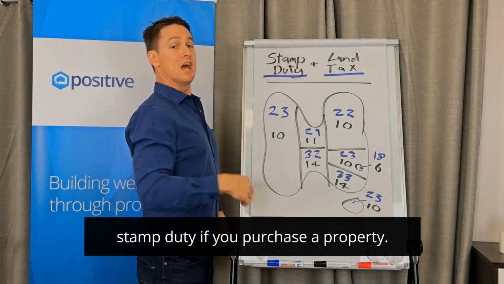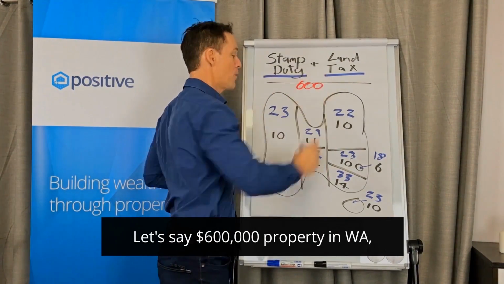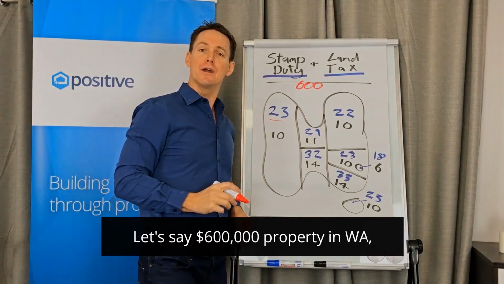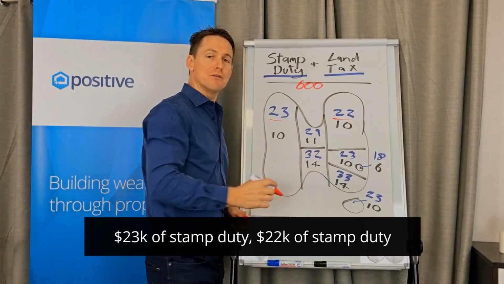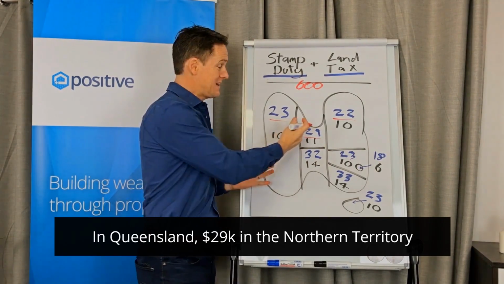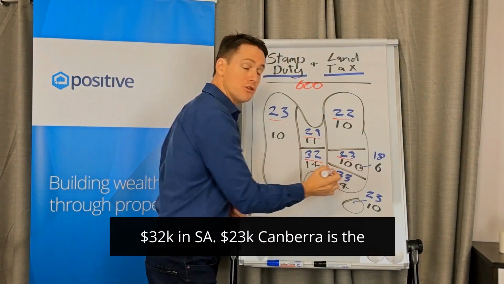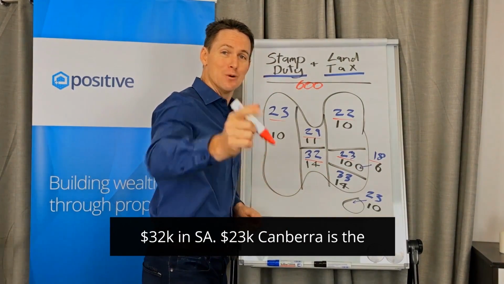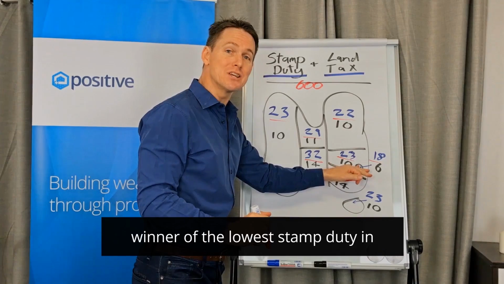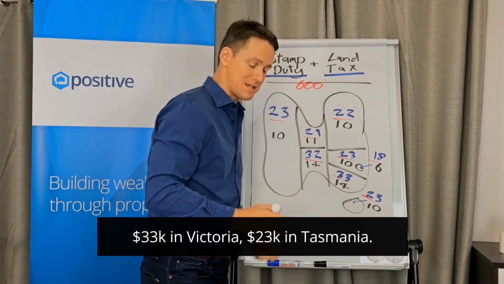For a $600,000 property, it's 23 grand of stamp duty in WA, 22 grand in Queensland, 29 in the Northern Territory, 32 in SA, 23 in Tasmania. Canberra is the winner with the lowest stamp duty in Australia at this point in time at 18, and 33 in Victoria.